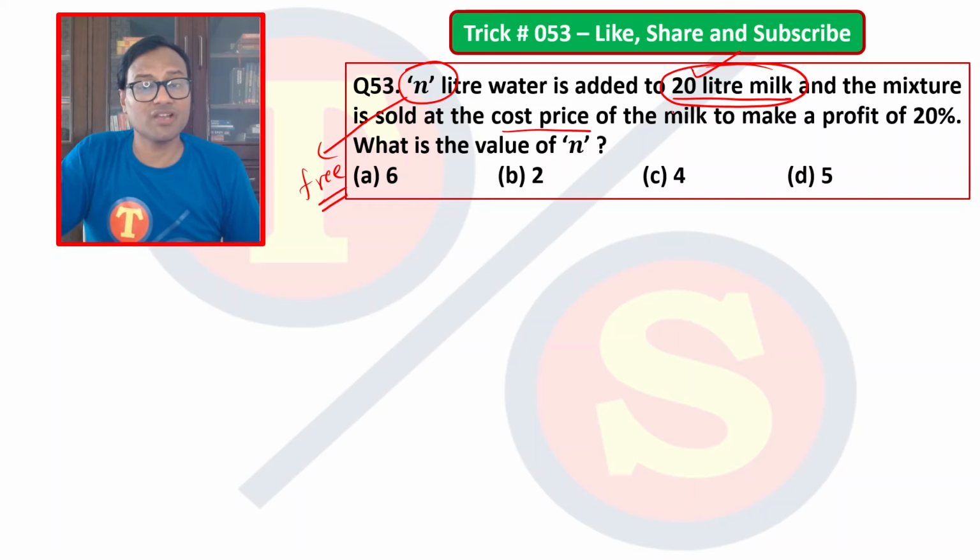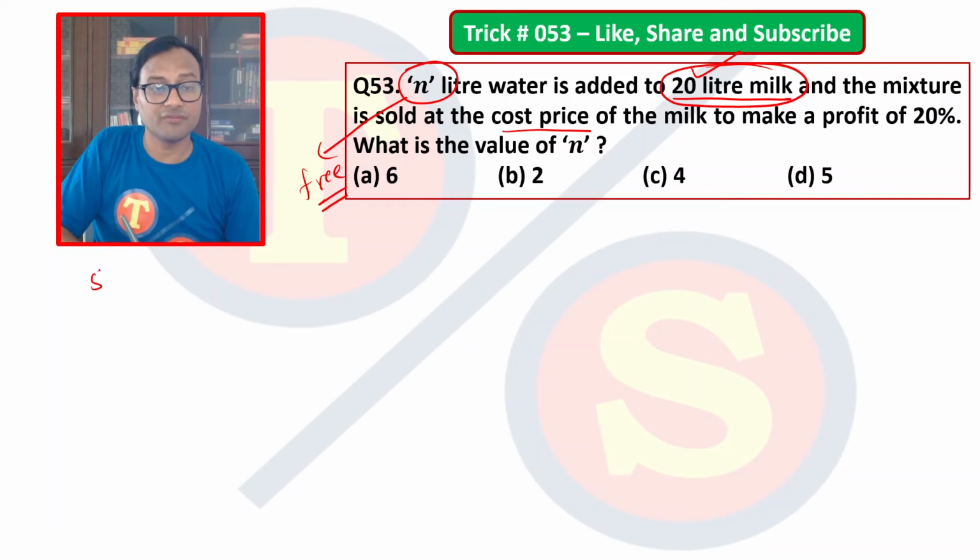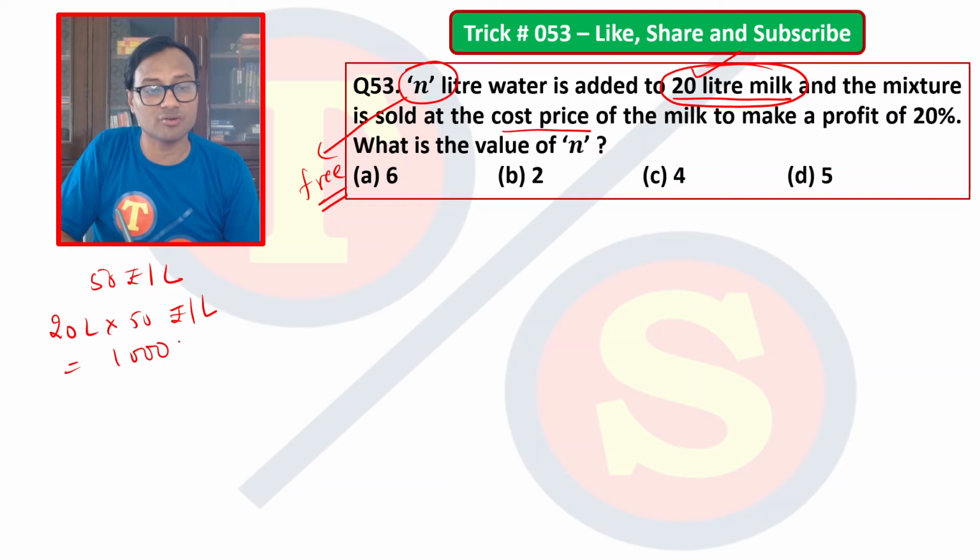Okay, so suppose I am buying milk at the rate of 50 rupees per liter. So I am buying 20 liter milk at the rate of 50 rupees per liter, means I have invested 1000 rupees, right? Now I add some amount of water.